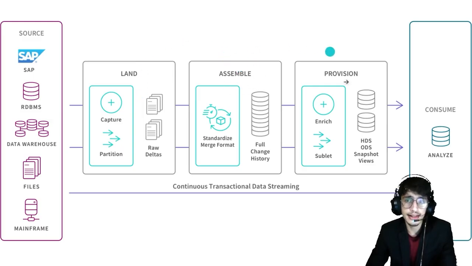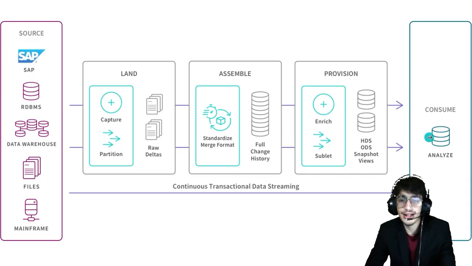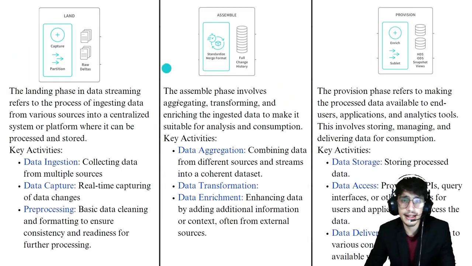After that, assemble, then provision, then consume, which means finally it can be used for analysis. And this is going continuously. Data is coming, landing, assembling, then in provision, after that analyzing. So this is continuously moving. What happens in landing, assembling, and provision, we will discuss deeply in the next slide.